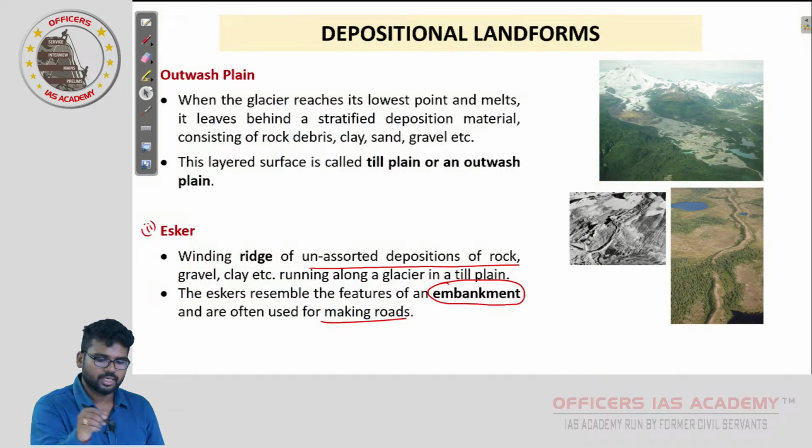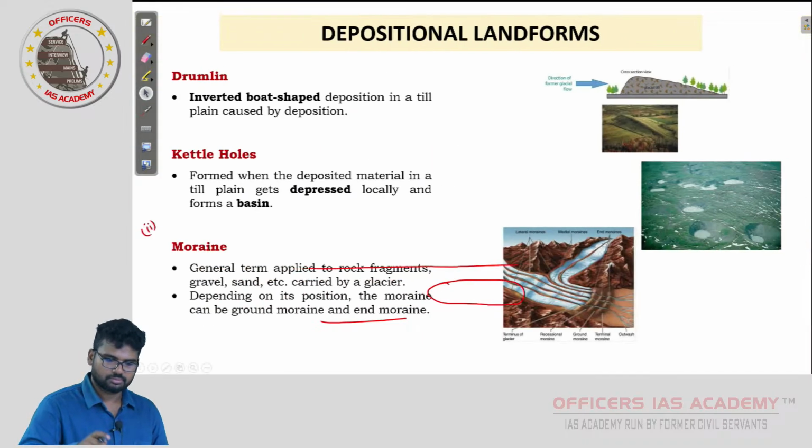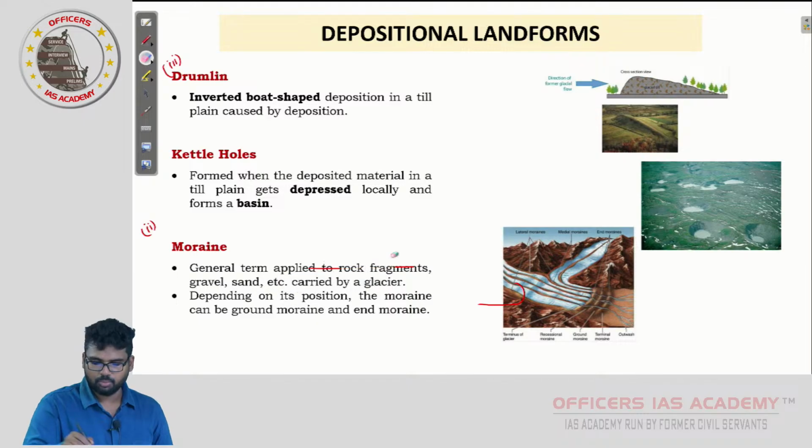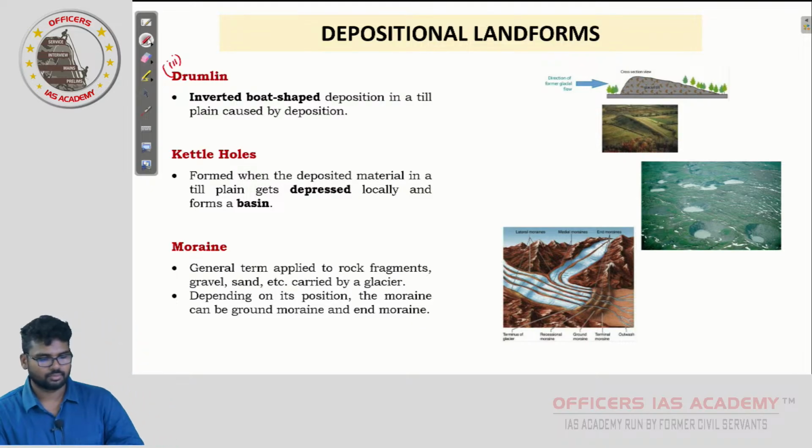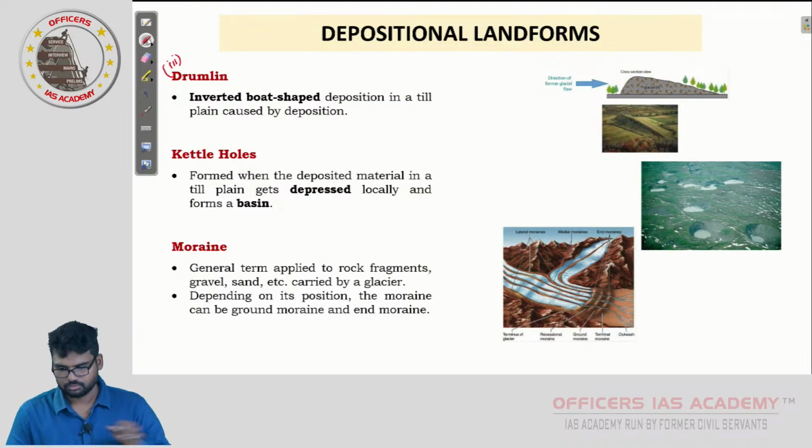Next, drumlin. Third one, drumlin. It is inverted boat shaped deposition caused by glacial melting and deposition.